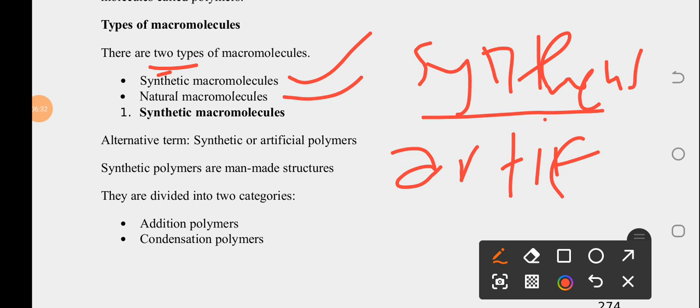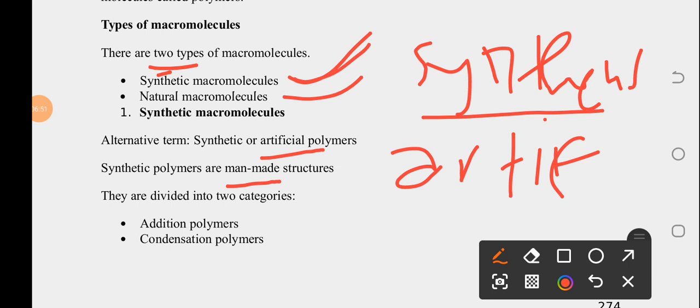We are saying they are also called what? Artificial polymers. These are polymers which are produced artificially by who? By people. So these are just man-made what? Polymers.